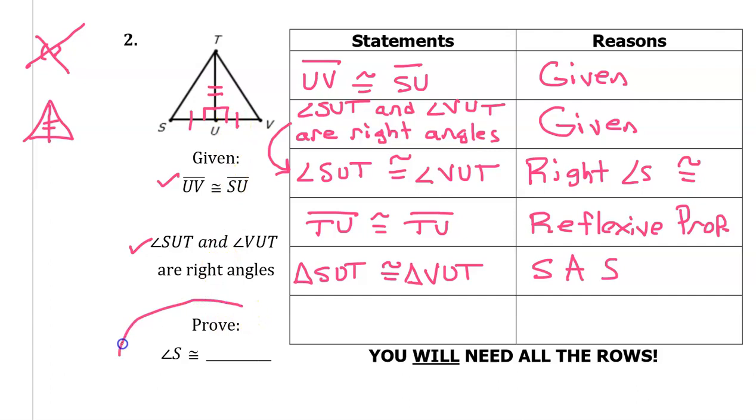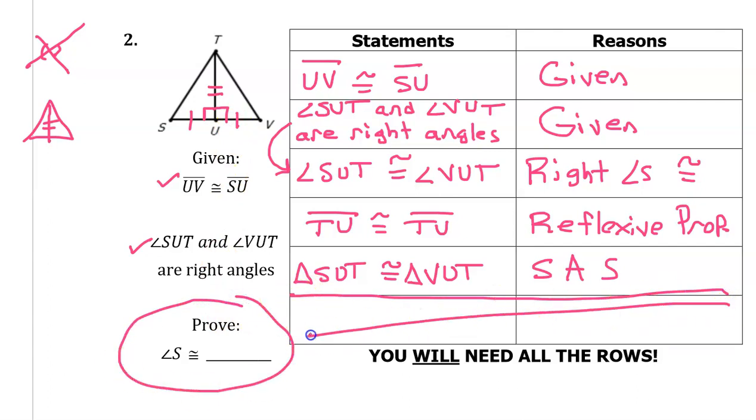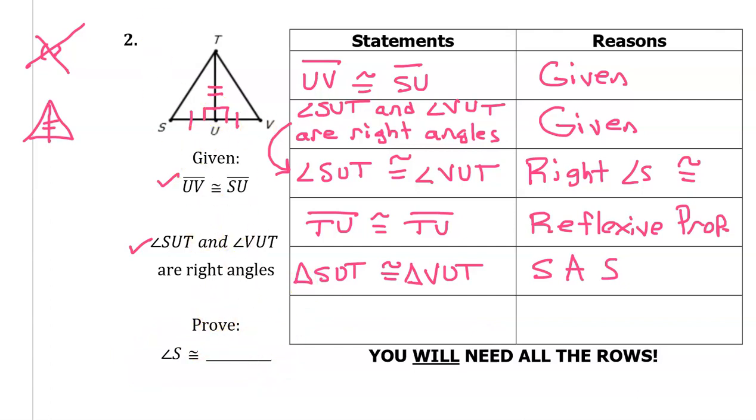If that is what we were asked to prove, then we would be done and I wouldn't need this last row. However, we weren't asked to prove simply that the triangles are congruent. We are being asked to prove that angle S is congruent to angle, well, what will that be?